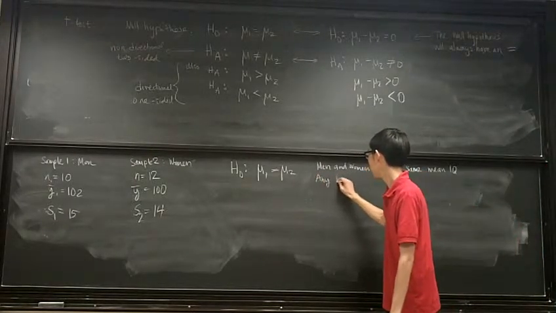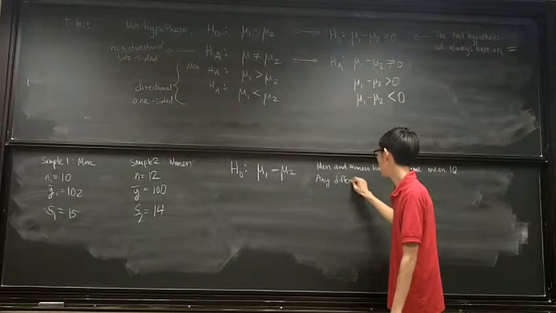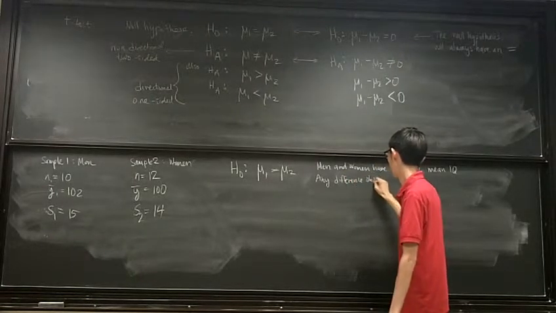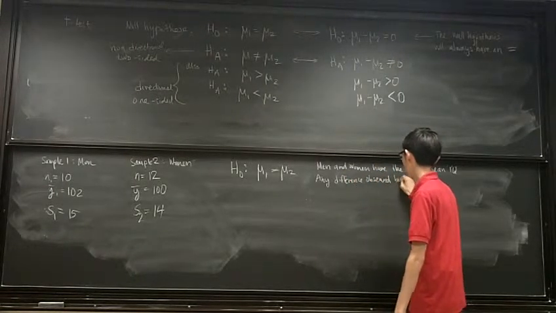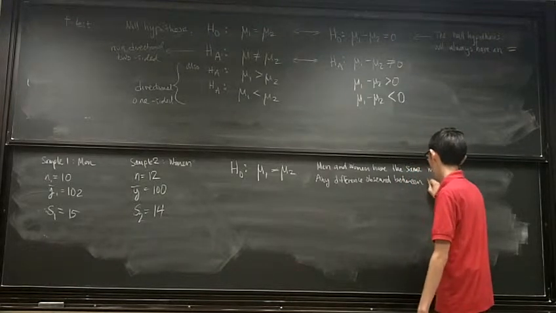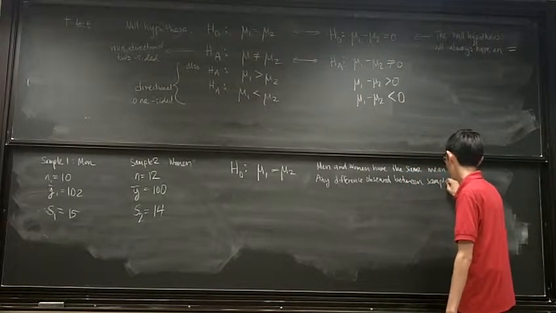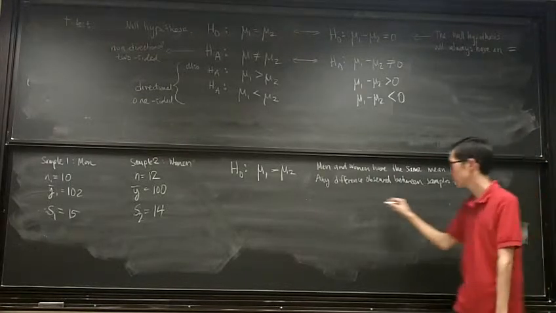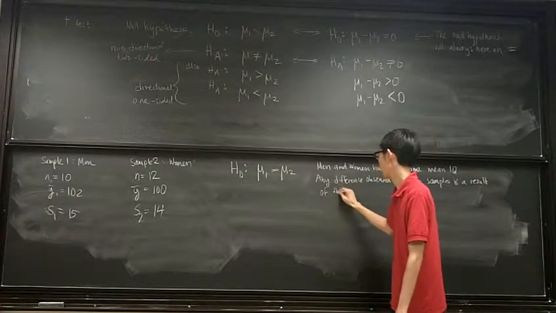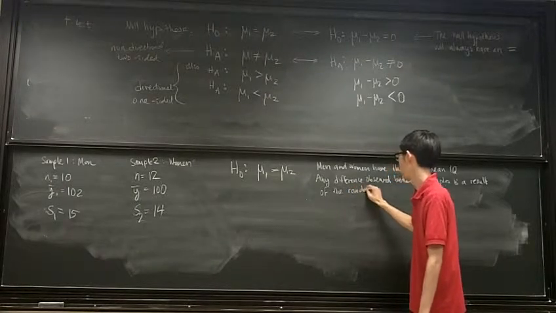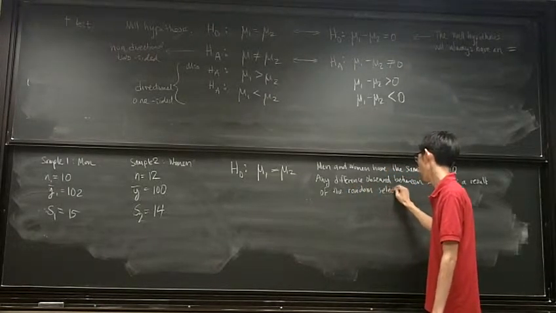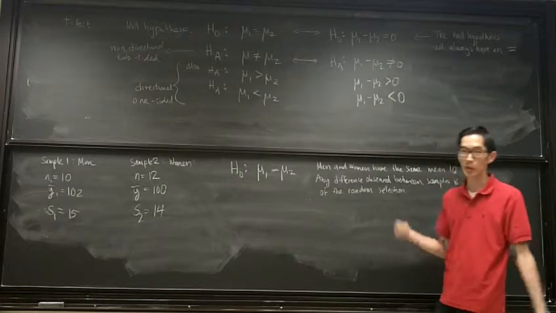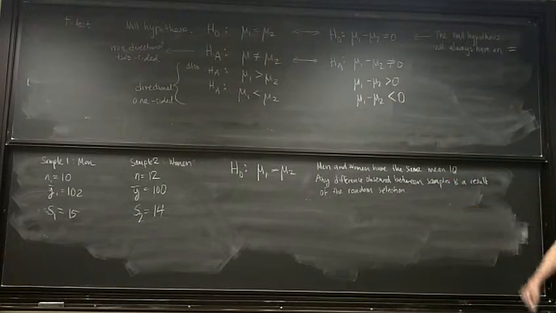Any difference observed between samples is a result of the random selection, or basically just the randomness in picking the sample.